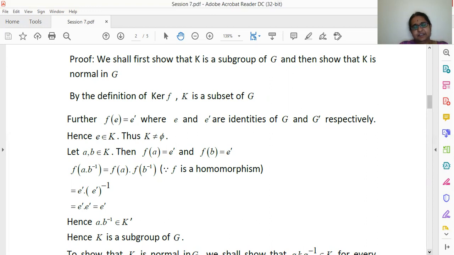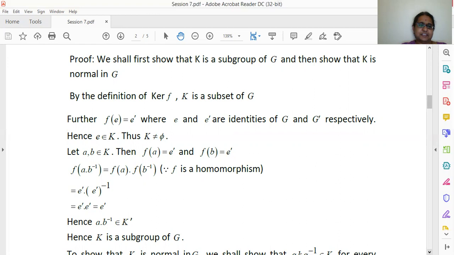Now we shall take two elements in K. Let A, B belong to K. Then for E belonging to K, we have f of E is E dash. So when A, B belong to K, we can write f of A is equal to E dash and f of B is equal to E dash. So consider f of A dot B inverse. Since f is a homomorphism, we can write f of A dot B inverse as f of A dot f of B inverse, and this f of B inverse can be written as f of B whole inverse. f of A is E dash, f of B is E dash.